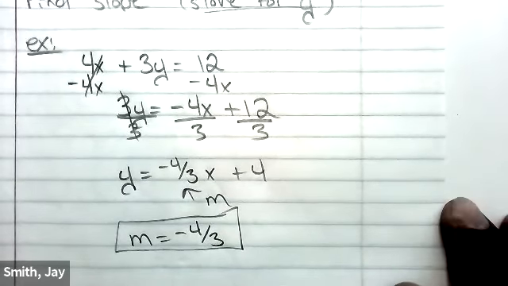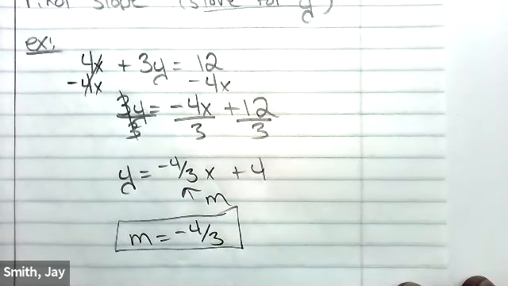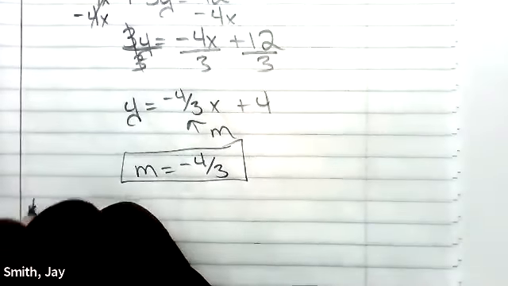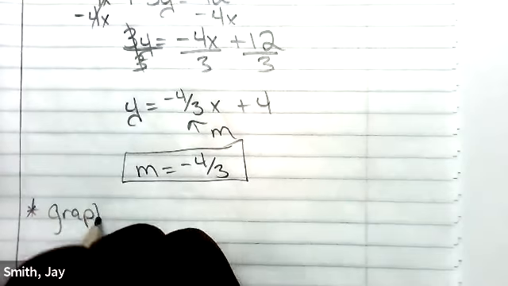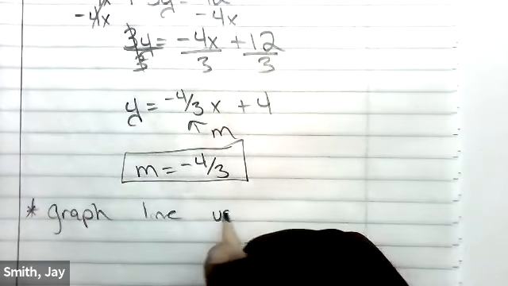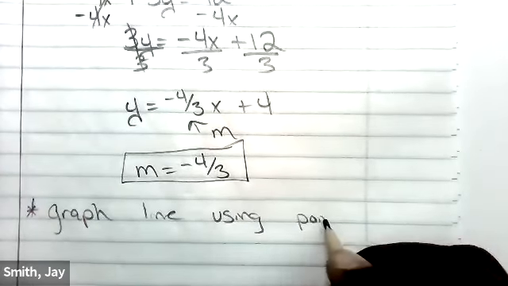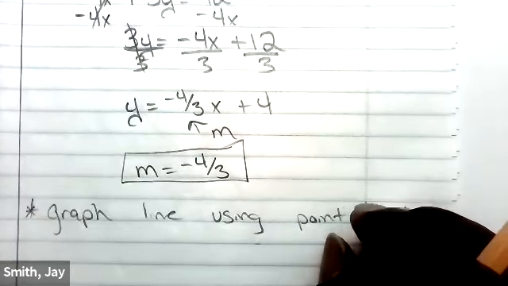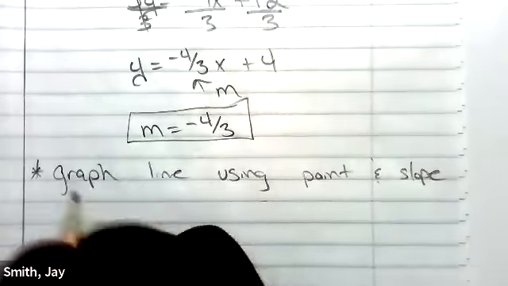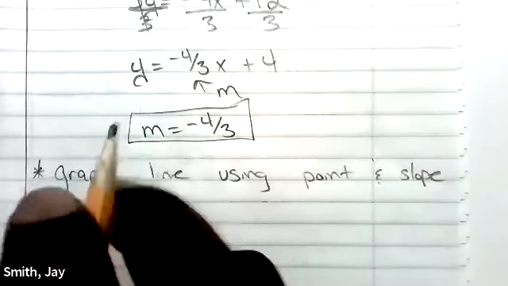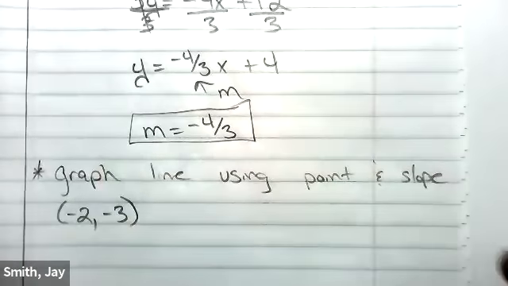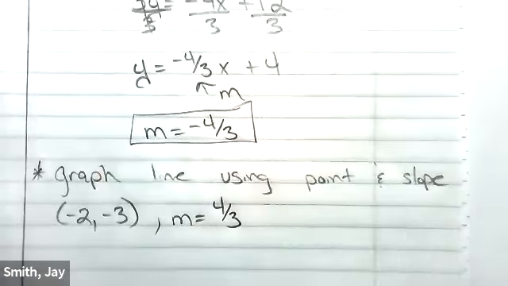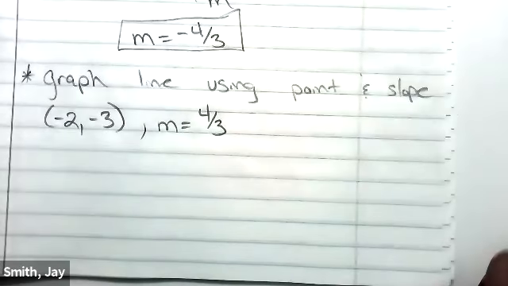Next thing we could be asked to do, graph a line using the point and slope. So if we're given the point -2, -3, and we're told that the slope of the line is 4/3, and we're asked to graph it.